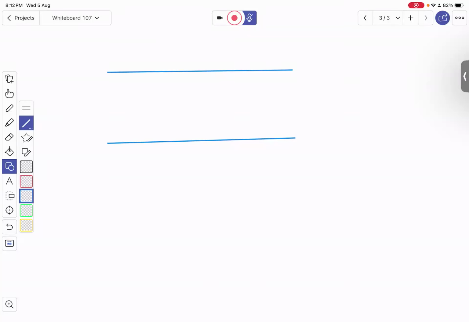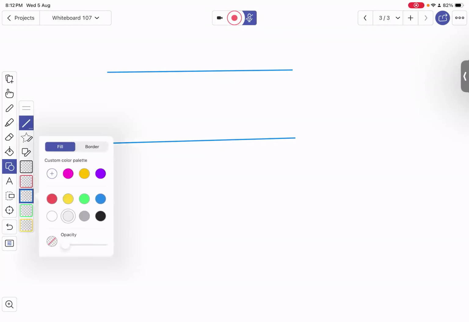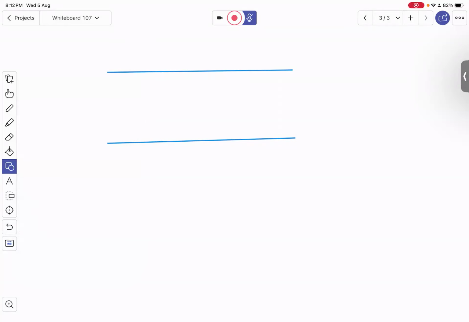Suppose the velocity of the river is this side. And if the velocity of the boat with respect to the river is in the same direction as the velocity of the river, we call it the downstream case.